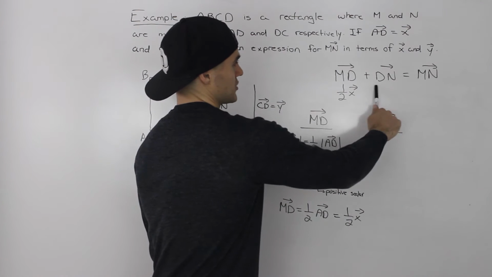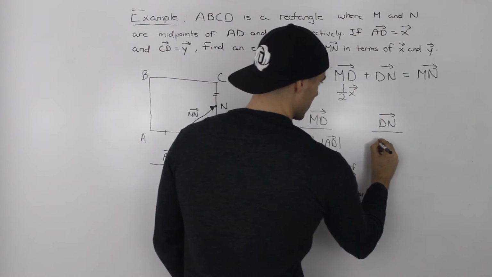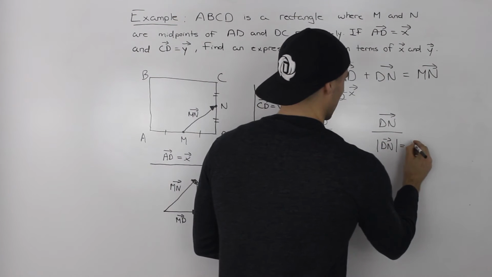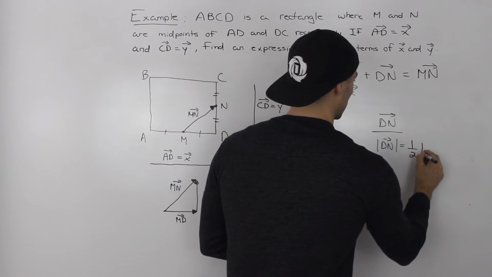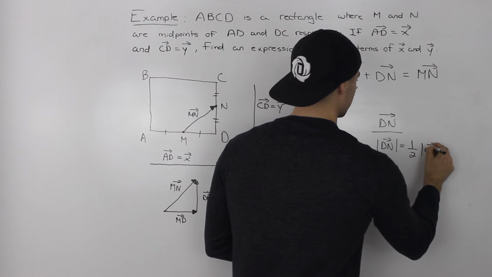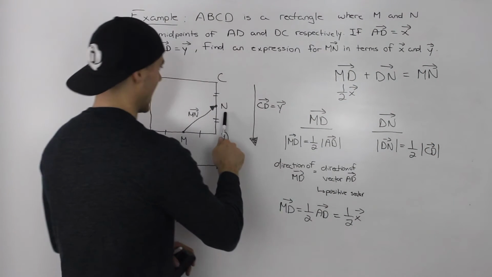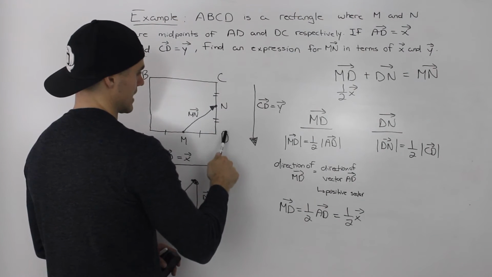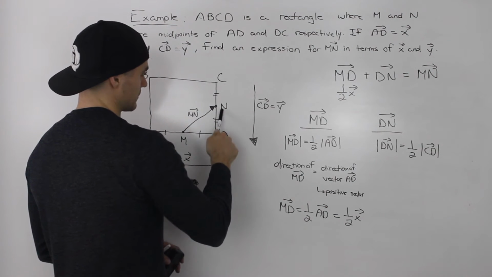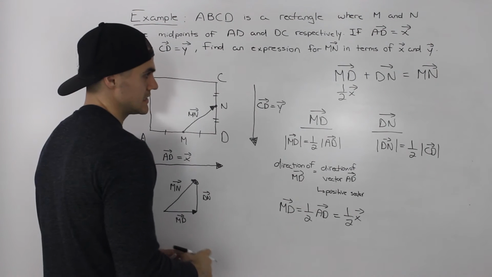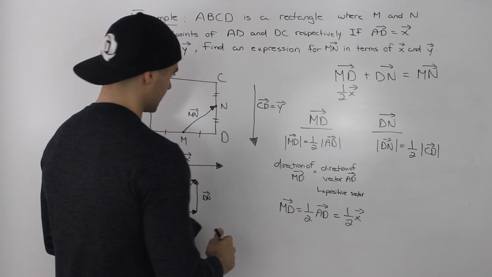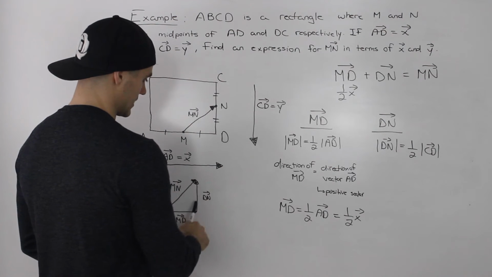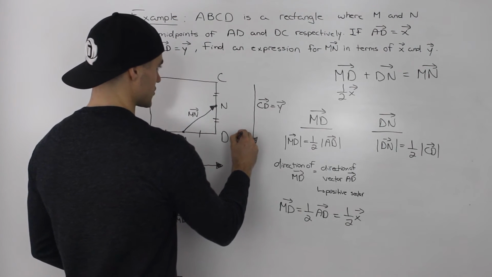Now let's find an expression for this vector DN. The magnitude of DN is half of the magnitude of vector CD, because N is the midpoint of the line CD. So this line segment DN is half of CD. The next thing to notice is that DN is going in an upwards direction.